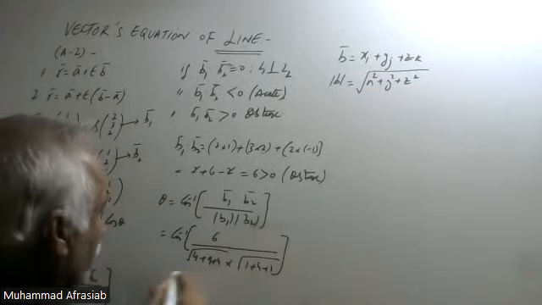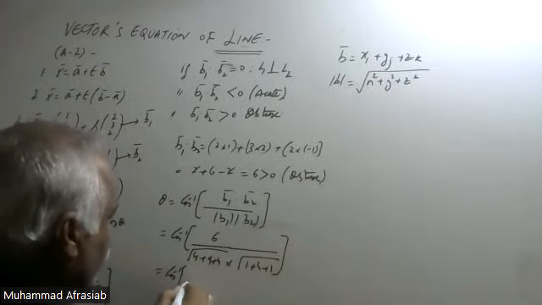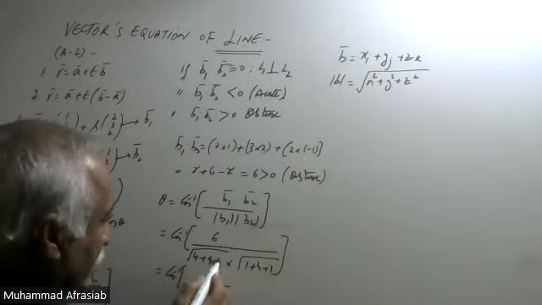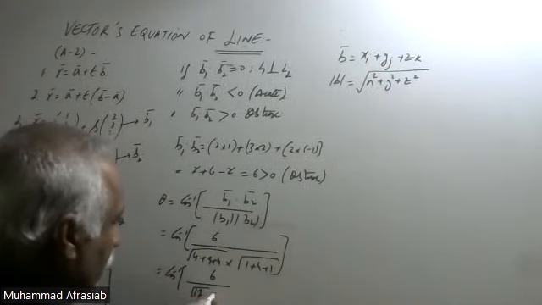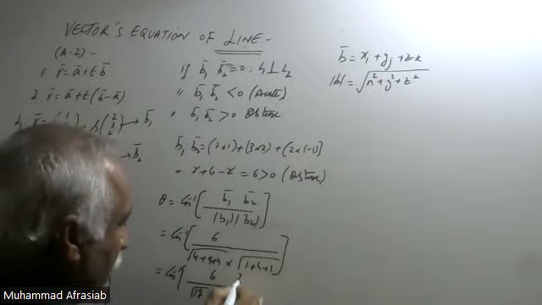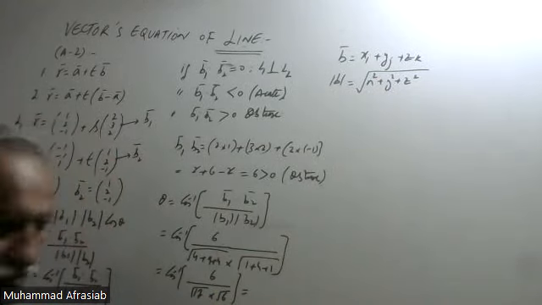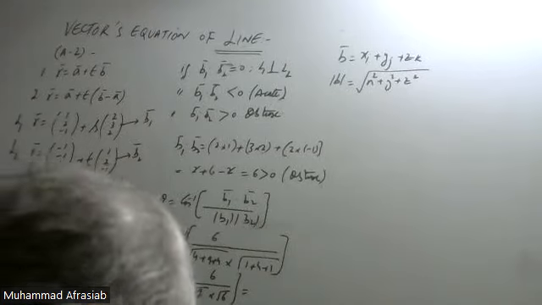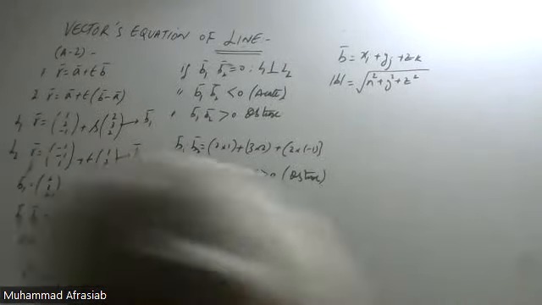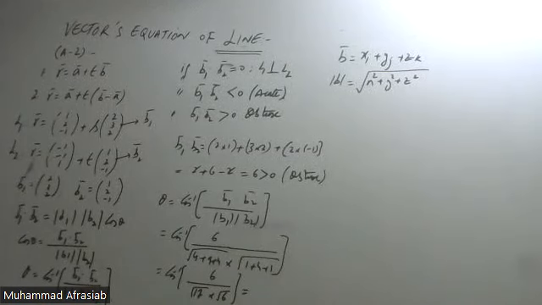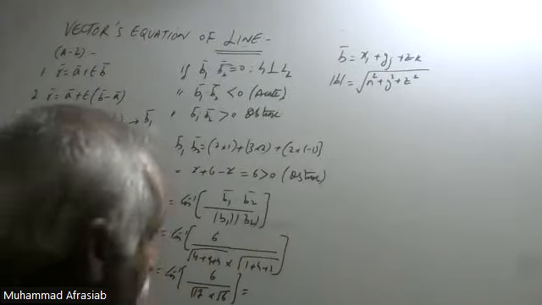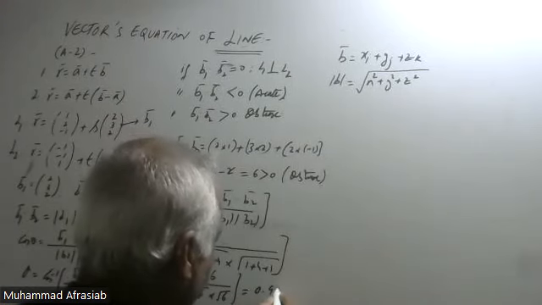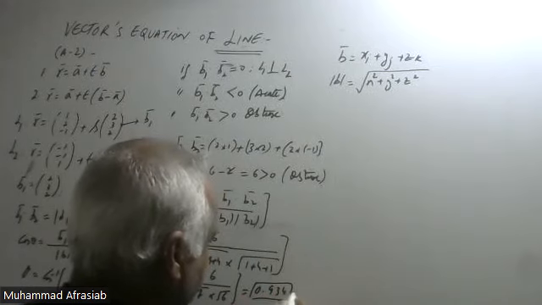So this is equal to cos inverse of 6 over that, and that is equal to 0.934 in terms of radians.